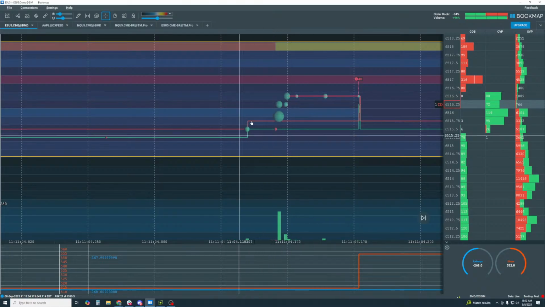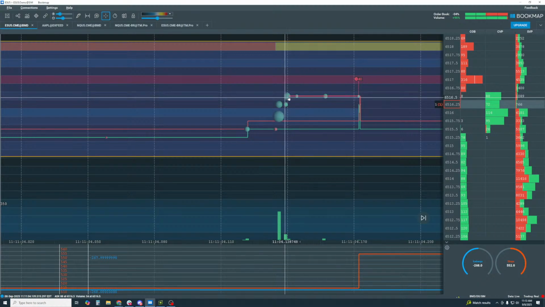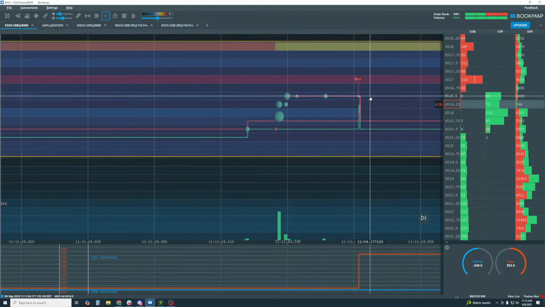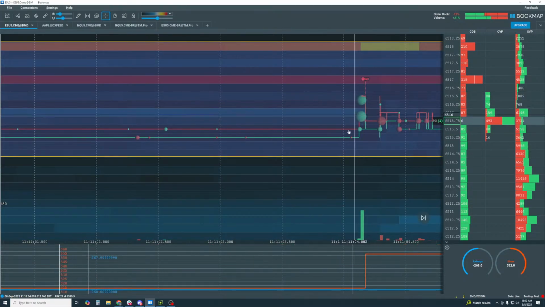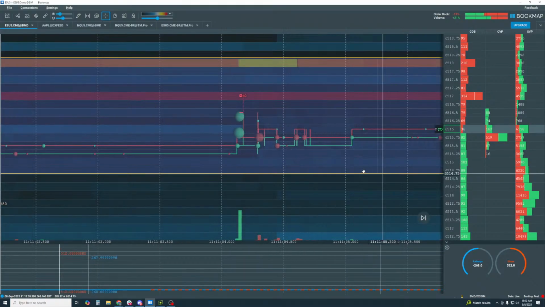Anyway, this isn't really much of a cascading stop run. We see all of these orders filled, then stops are filled at the top. Again though, we don't know where those stops are. They could have been four or five ticks in here.